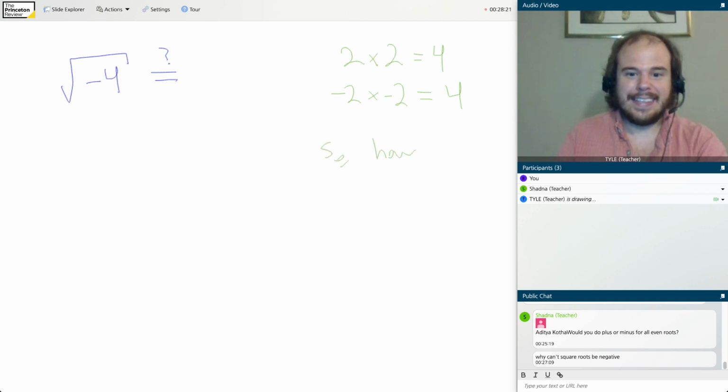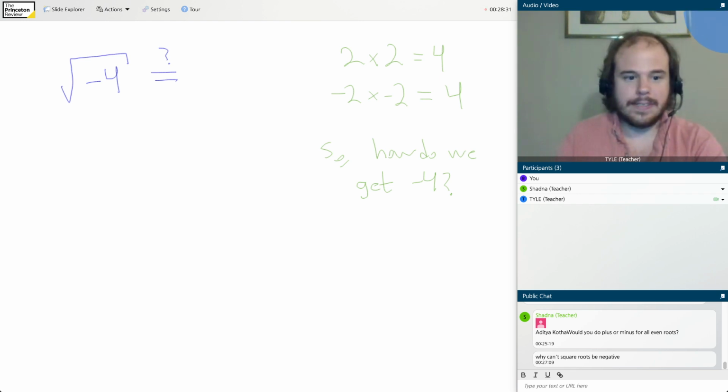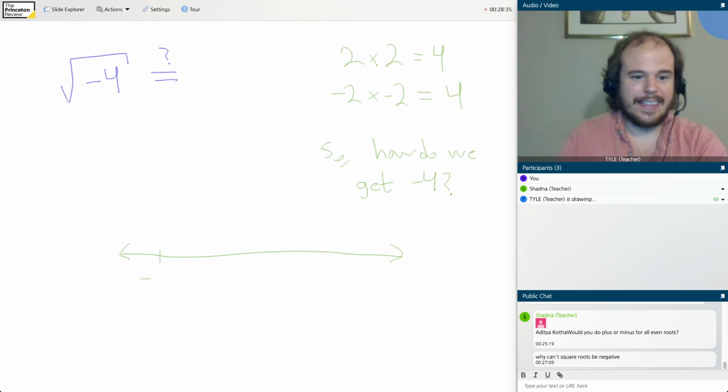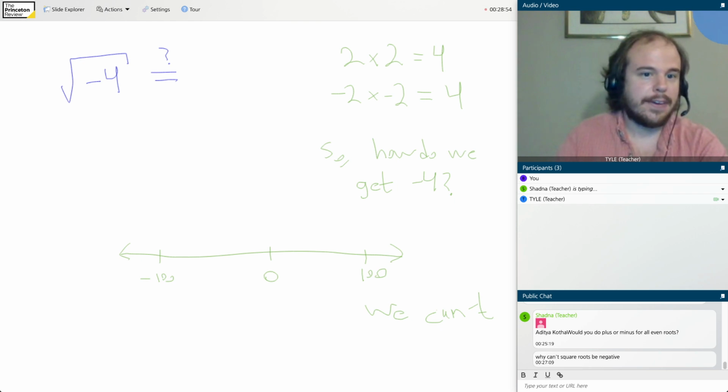So, how do we get negative 4? As long as we're restricted to the real numbers, which means all of the numbers from minus infinity to infinity, with 0 in the middle, we can't. Whether we choose positive or negative, when we multiply them together, we can't do it.